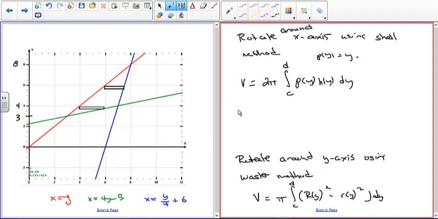I know the answer. It's not the greatest answer, but okay. Let's see what we got here. So 2 pi, and we have two integrals. We integrate from 3 to 4. P of y is y. H of y is going to be the green curve minus the red curve, because that's the inside.